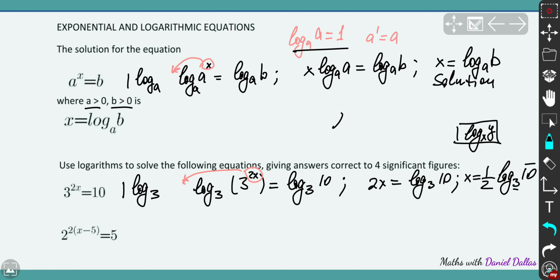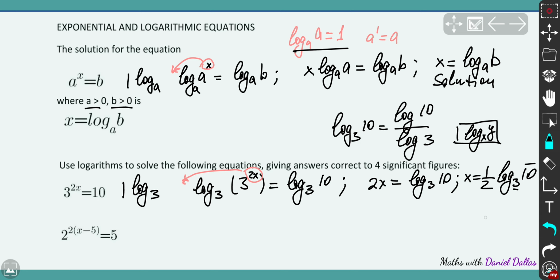So log base 3 of 10, you can write as log with the base 10 of 10 divided by log with the base 10 of 3. That will give you the same result. If I calculate that, I have log 10 over log 3.